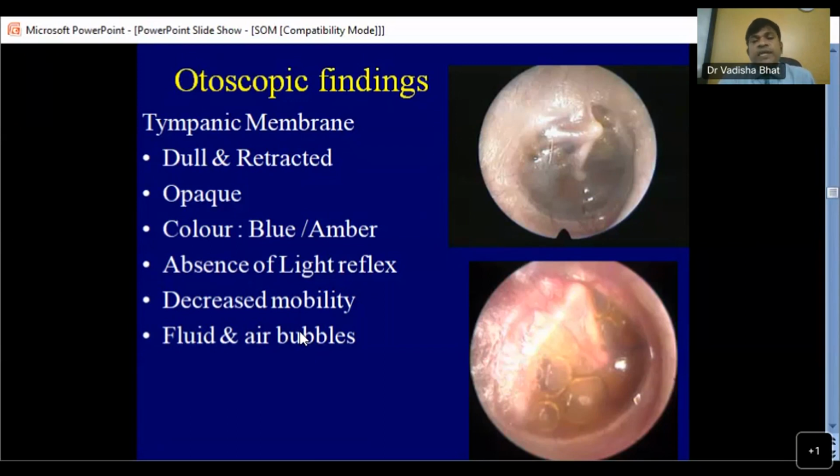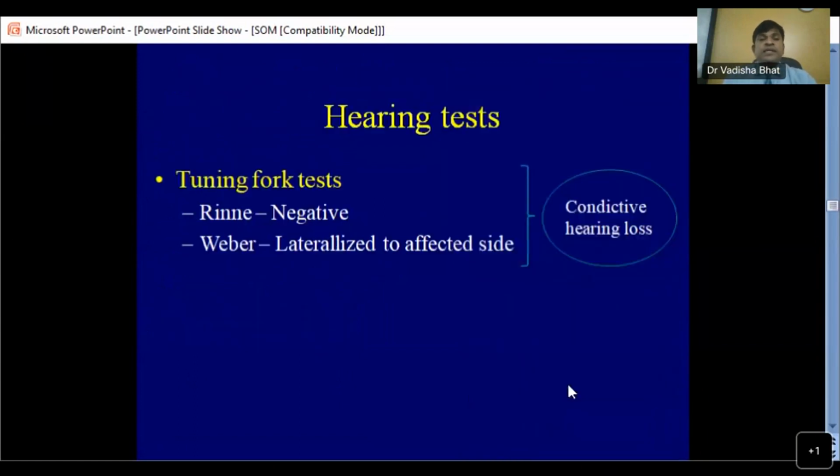When we check the mobility of the tympanic membrane, it will have decreased mobility. The mobility is checked by Siegel's pneumatic speculum. We can at times see fluid or air bubbles within the middle ear cavity, seen through the translucent tympanic membrane. So in this picture, we are seeing the bubbles within the middle ear, seen through the translucent tympanic membrane.